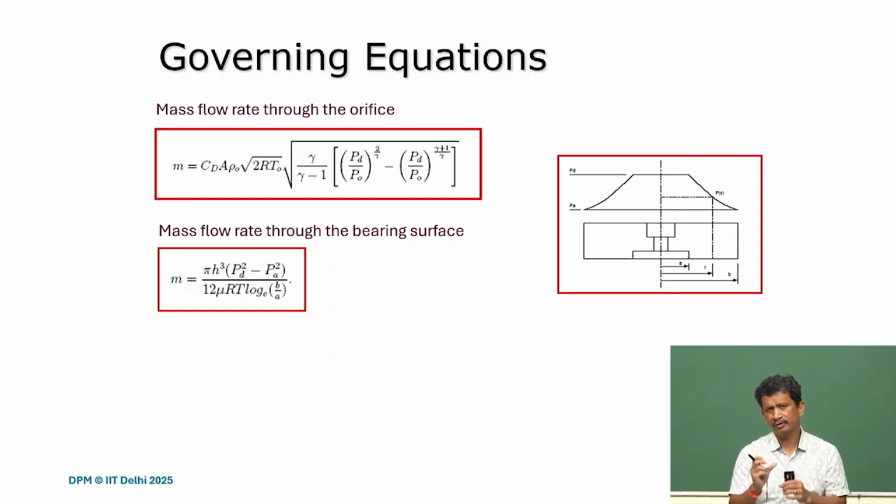And of course this is a very basic element, but there are a lot of developments and a lot of designs can be proposed and made, and we can design these things on the bearing surface itself, and we can get these things lifted, and there will be no contact when things are moving.